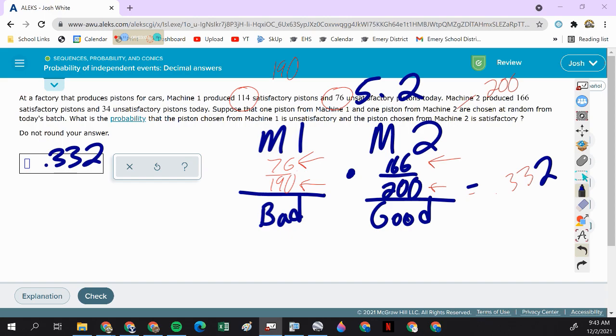A third of the time, that's what's going to happen. Okay. The other options would be you pull out good and good, or bad and bad, or good and bad. So if you want to know what is the probability that A happens and B happens, you multiply those together. Okay?